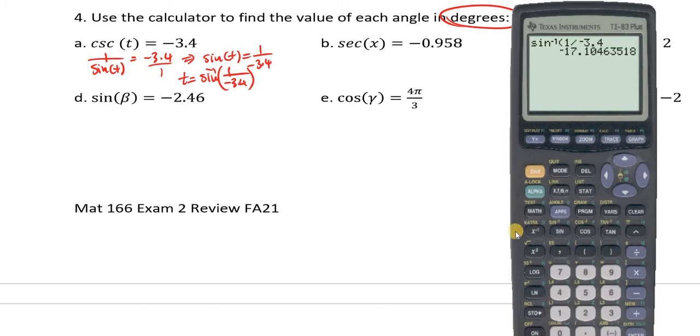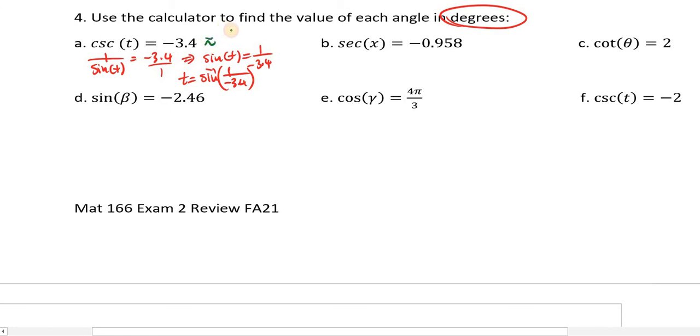Which is equal to approximately negative 17.11. Since this is in degrees, I'm going to round to 2 decimals. So this is approximately equal to negative 17.11 degrees. Okay.